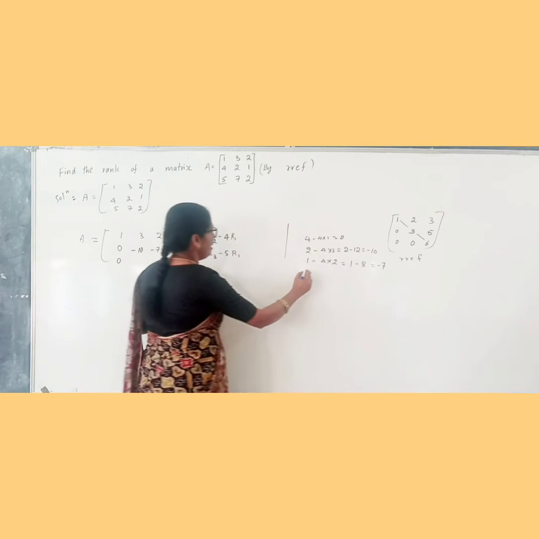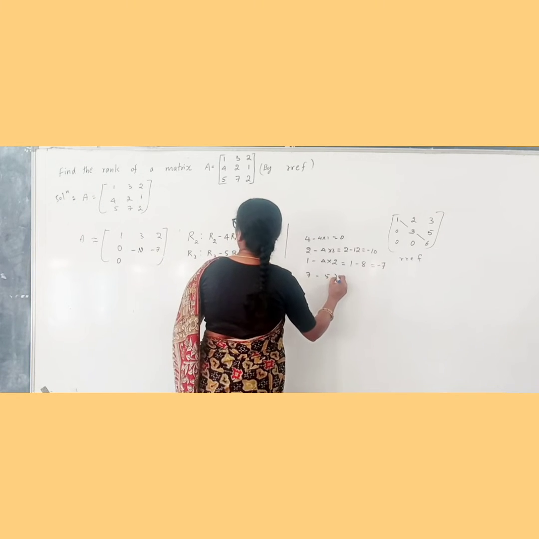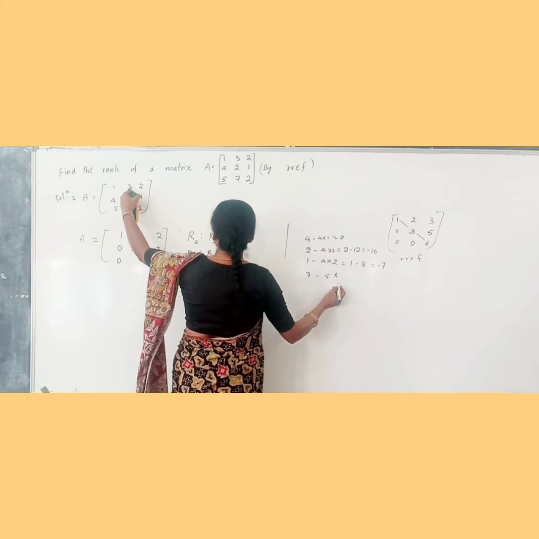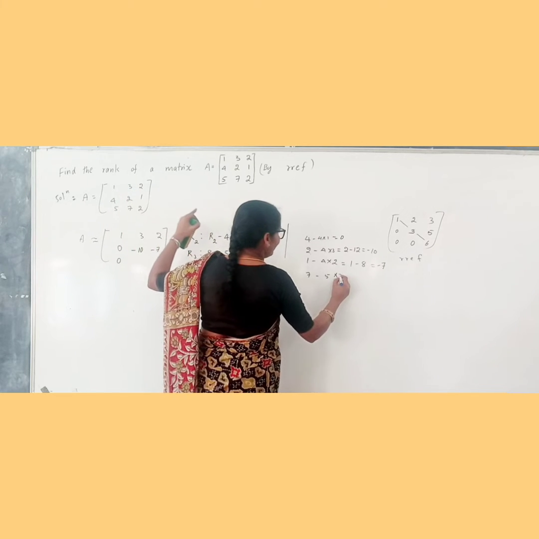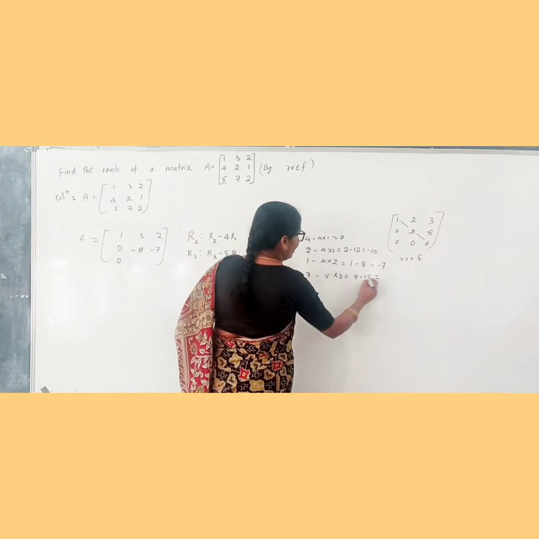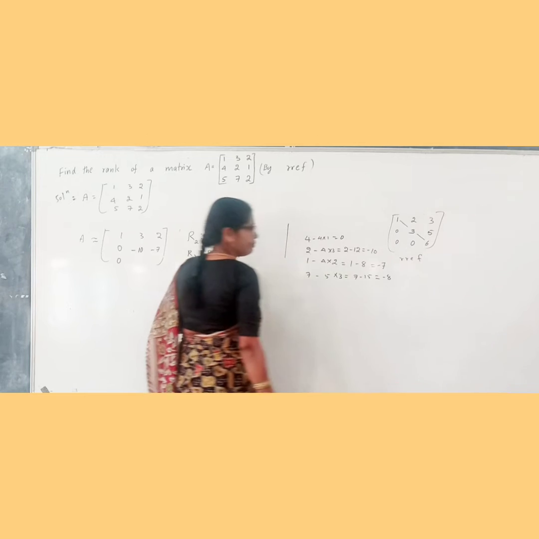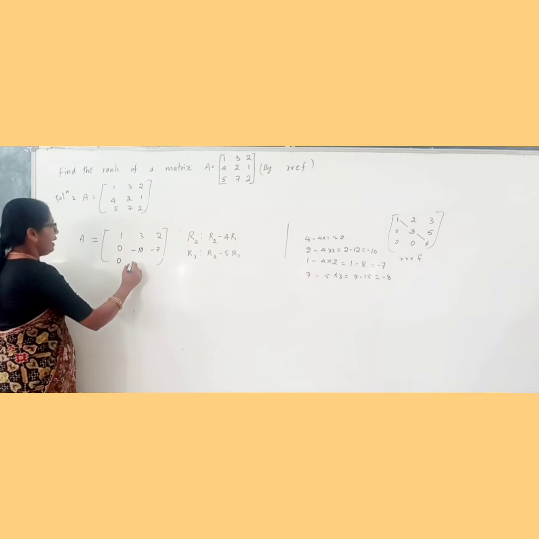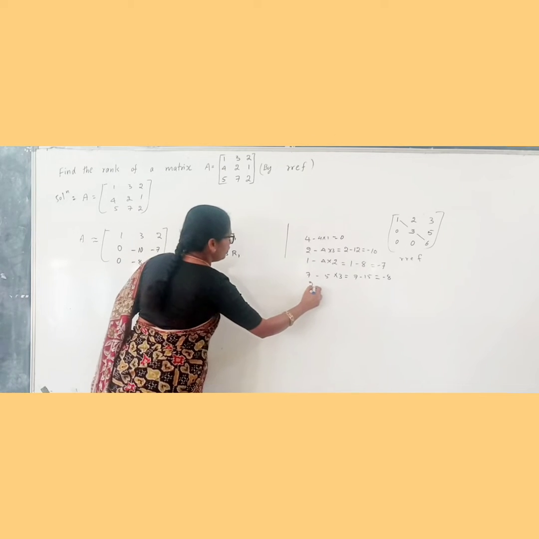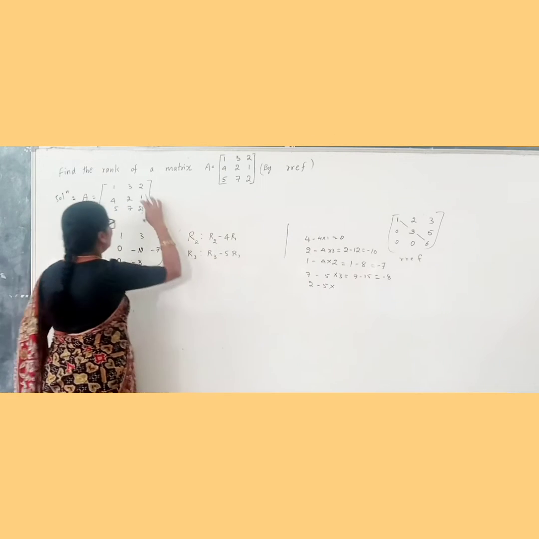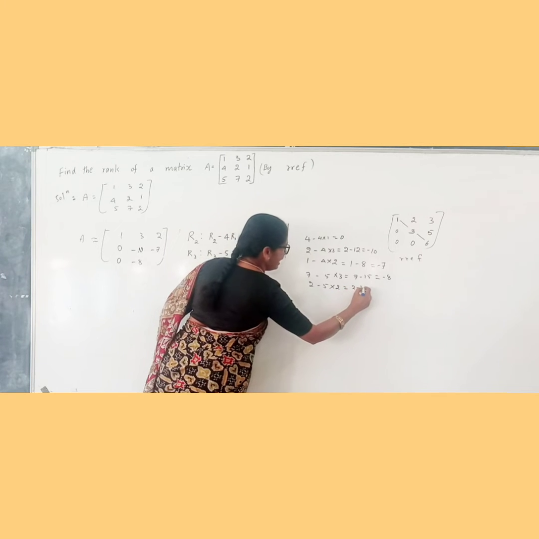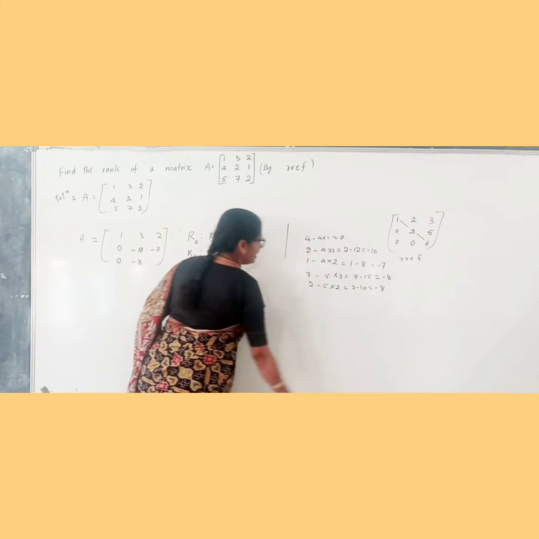Next is 7. 7 minus 5 into the next value of R1, which is 3. 5 threes are 15. So 7 minus 15 is minus 8. Then the next element is 2. 2 minus 5 into 2, which is equal to 2 minus 10, which is minus 8.